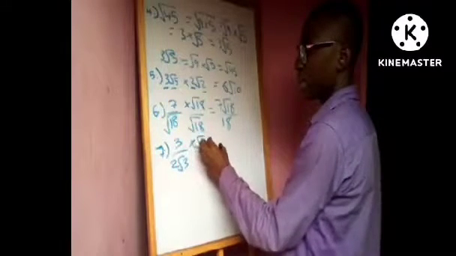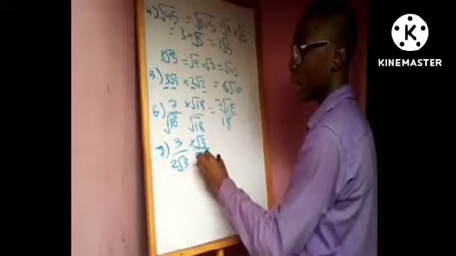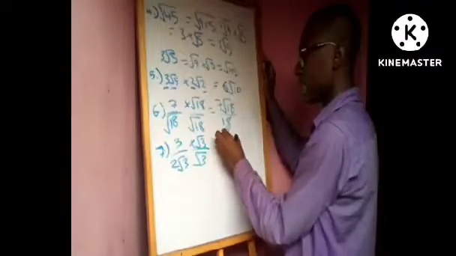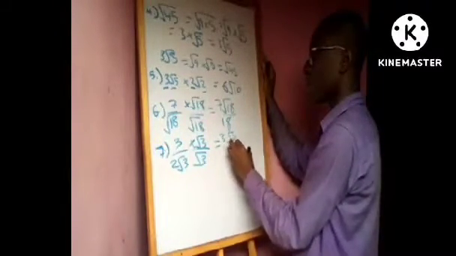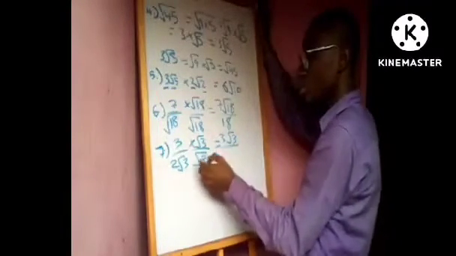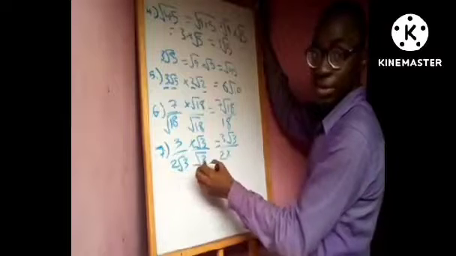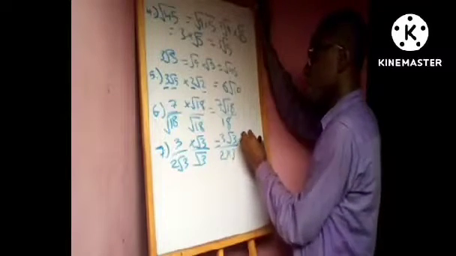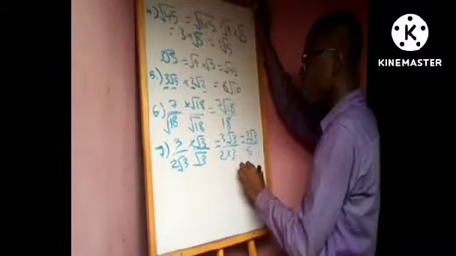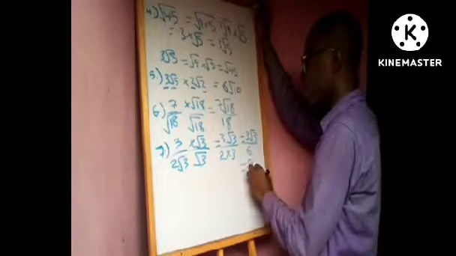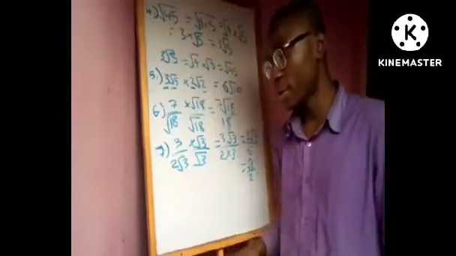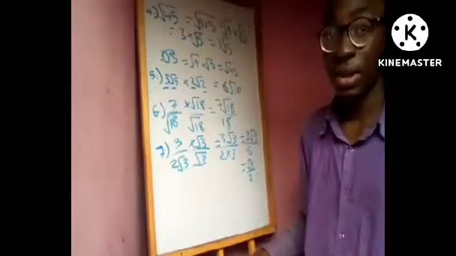On the numerator we have 3 times root 3, that's 3 root 3. Divided by, on the denominator, 2 root 3 times root 3. That's 2 times 3, so we have 3 root 3 divided by 6, and that would be root 3 divided by 2. So that is how to rationalize the denominator of a surd, and that's how to evaluate a surd like that.